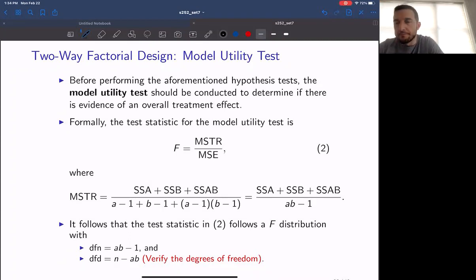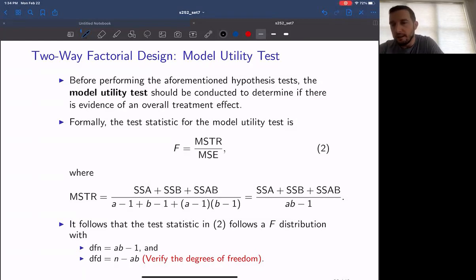So typically, when we run a two-way ANOVA, we would start by constructing interaction diagrams. And from the interaction diagrams, we would assess how the system appears to be behaving. Then we would run the model utility test.